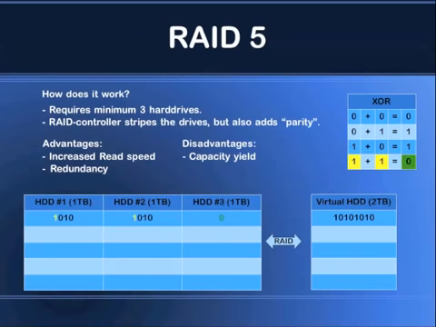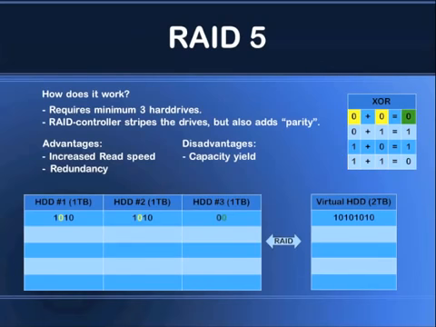In this case you see that hard drive number 1 has half of the data we got from the operating system, and the first bit is a 1. And hard drive number 2 has the second half of the data, and the first bit is 1. And according to the table marked in yellow here, 1 plus 1 equals 0. So on hard drive number 3 the first parity bit will be a 0.